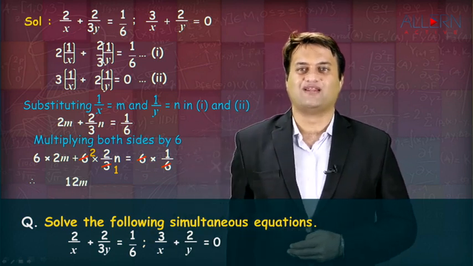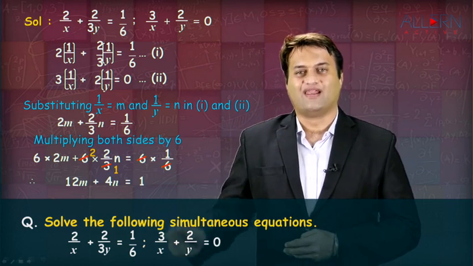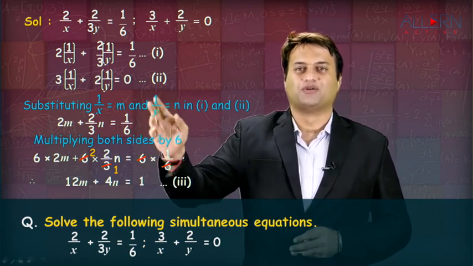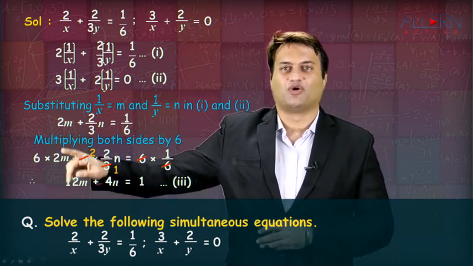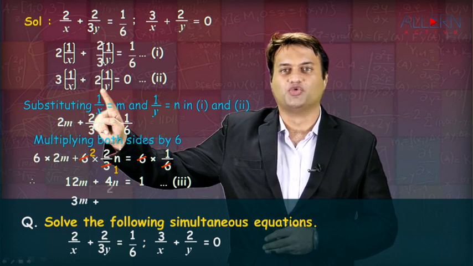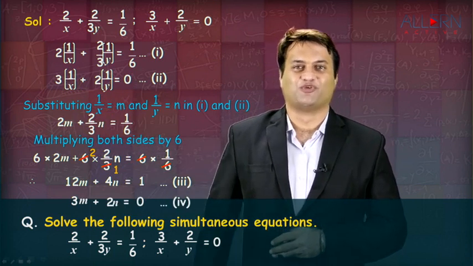So what we get is 12m plus 4n is equal to 1. Let this be your third equation. Now let's do the substitution in the second equation as well. So what we will get, 3m plus 2n is equal to 0. Let this be the fourth equation.